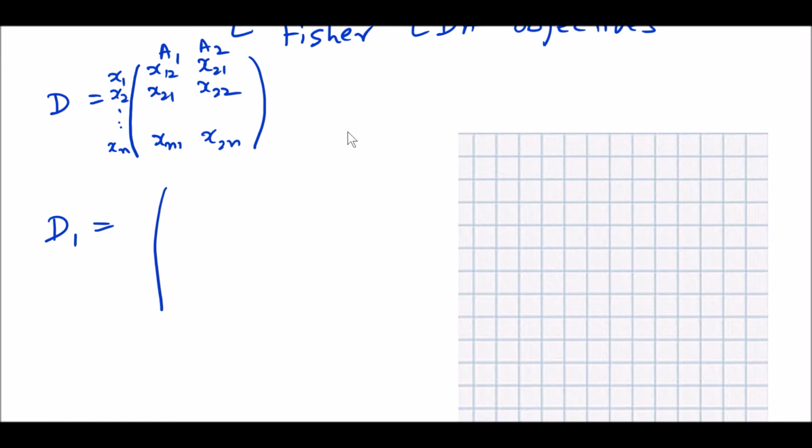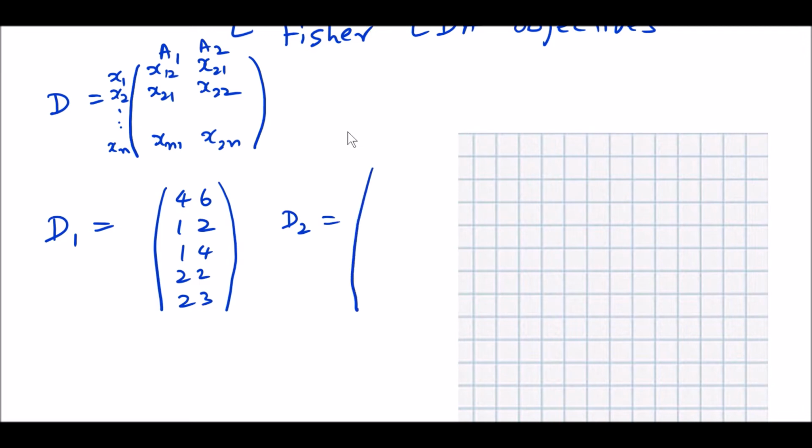Let's assume some values: 4, 6, 1, 2, 1, 4, 2, 2, 2, 3. For class 2, we take another data matrix, which is 3, 1, 4, 1, 4, 2, 5, 2, 5, 4.